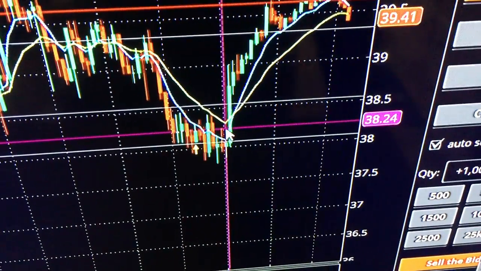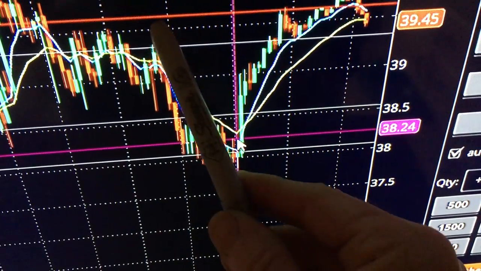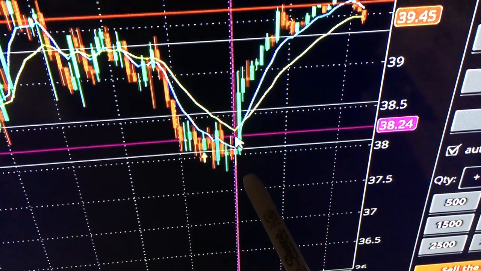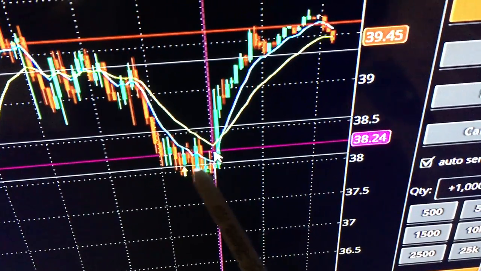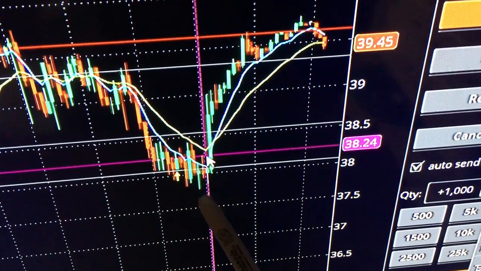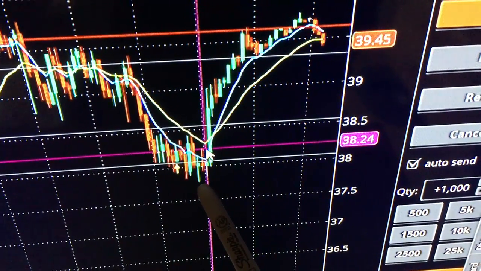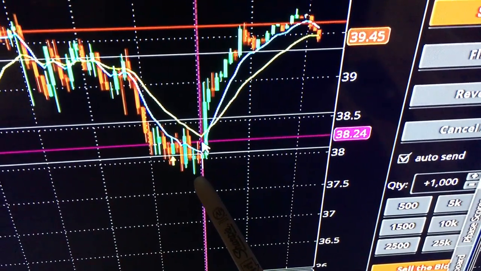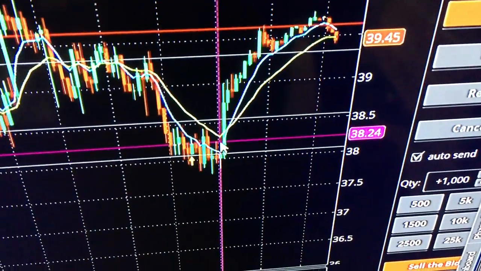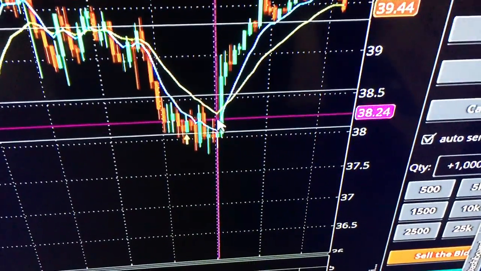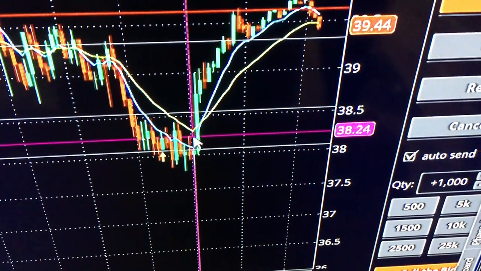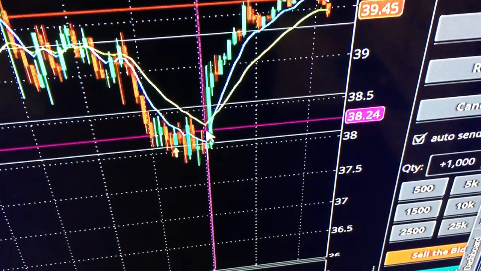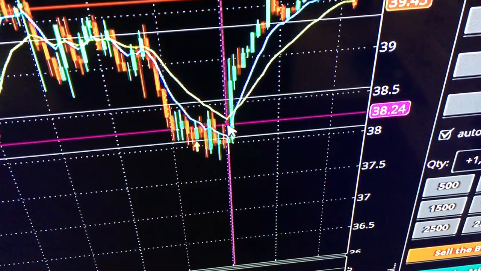The action actually was just essentially this drop here, which would have been playable through the SQs, and then just a ton of consolidation. Although I did pick the bottom here, but did not take the trade. And that is, unfortunately, about what happens when you don't trust your gut and hesitate.